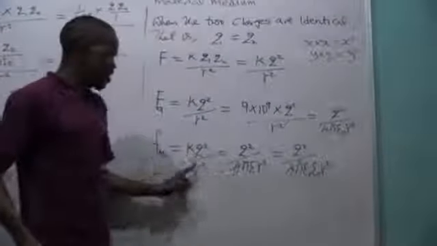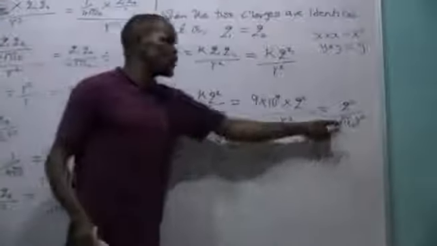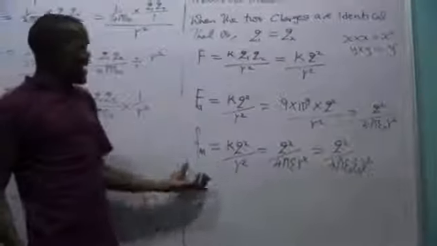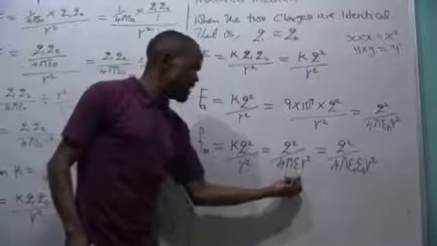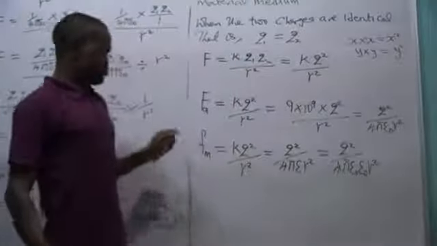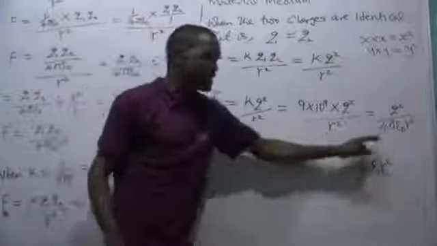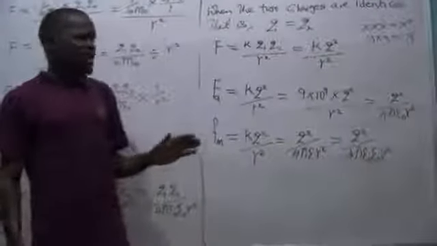Either use this or this or this, they are the same. So when I'm solving this, if they give me this, I use this. If they didn't give me this, if they give me this, I multiply them together and have this. So that is the case. So this is where we are ending this lesson of today.